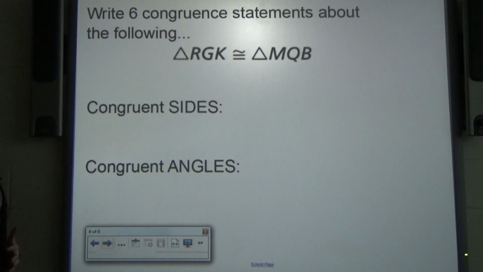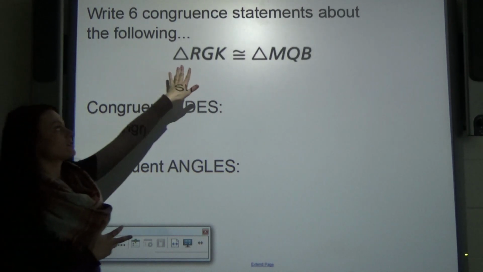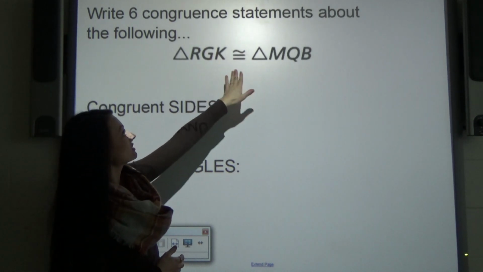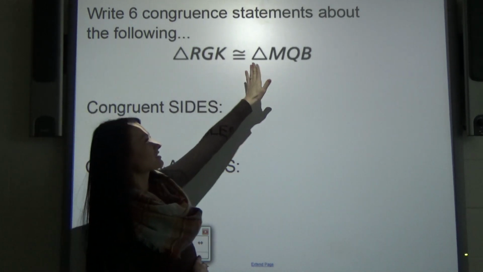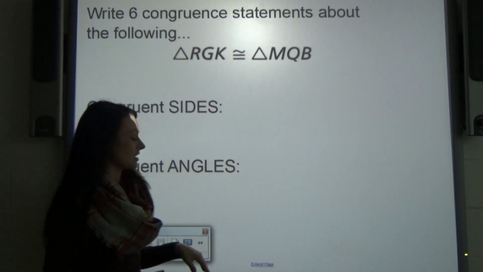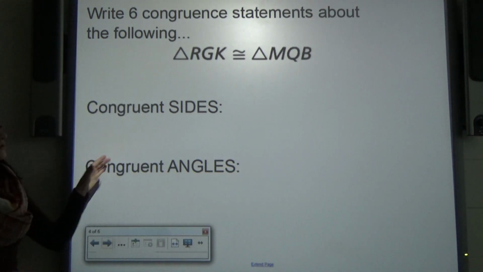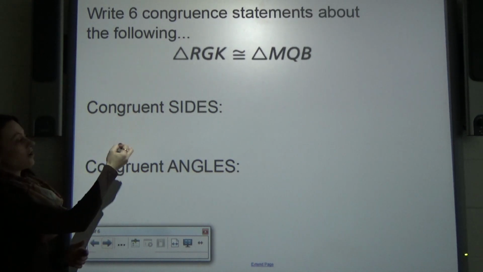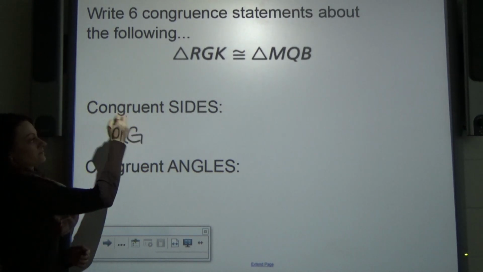So let's look at an example. If I was just going to talk about the corresponding parts, you could write me 6 statements about these two triangles. So I have triangle RGK, and we know that's my congruent symbol. So they're saying RGK is congruent to MQB. If I'm going to talk about corresponding sides, I'm going to start with, let's say, RG.